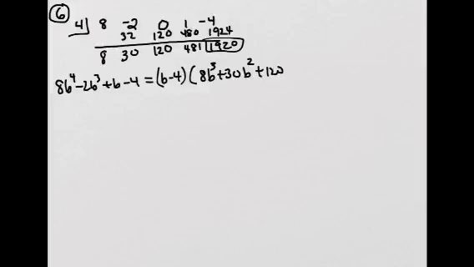I'm taking the numbers from here, as those are the coefficients of the quotient. 120b plus 481 plus the remainder. And so here's the answer.